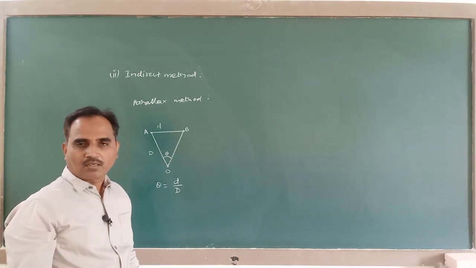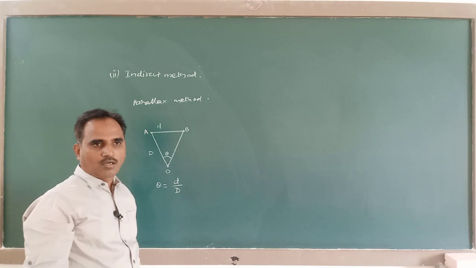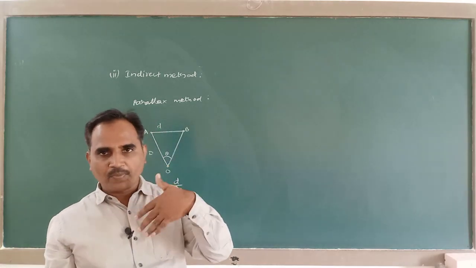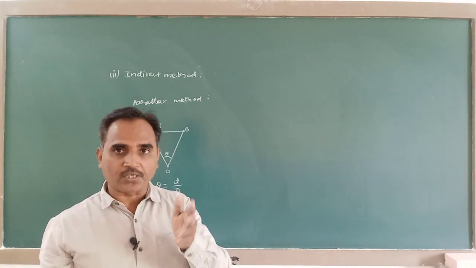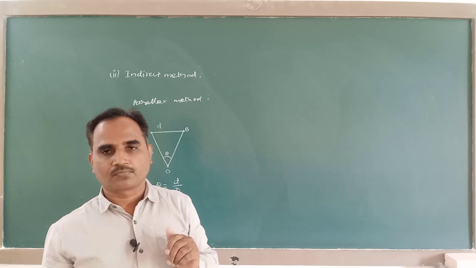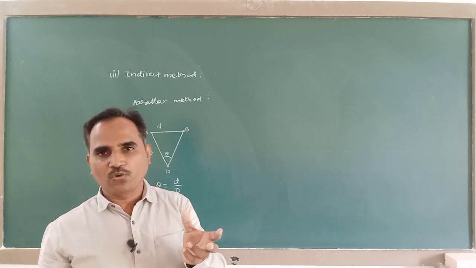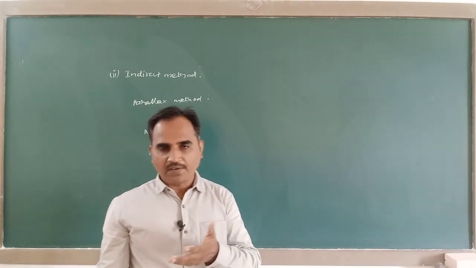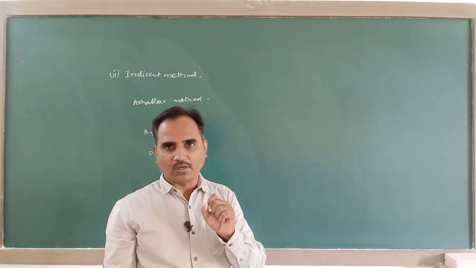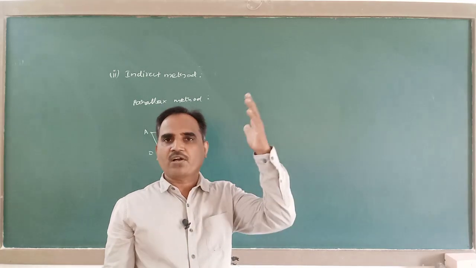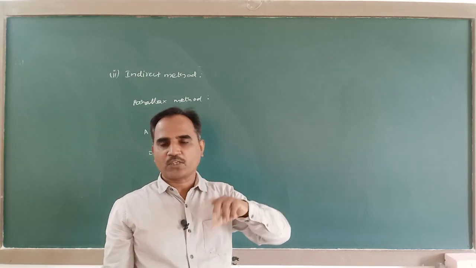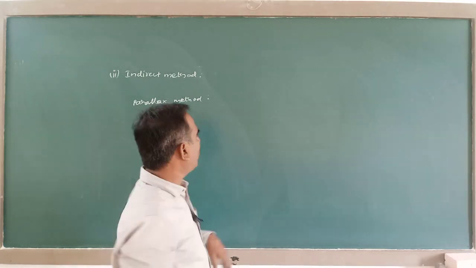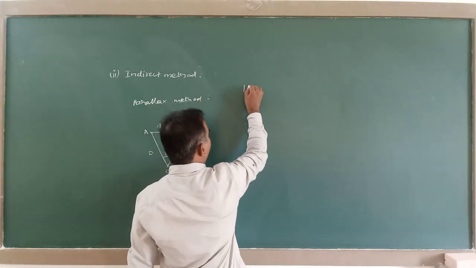And further, to measure these astronomical lengths, we use different units. So the conventional unit of length is meter. In our day-to-day life, the lengths are measured in terms of meter only. But very long distances are expressed in different units. One is astronomical unit.